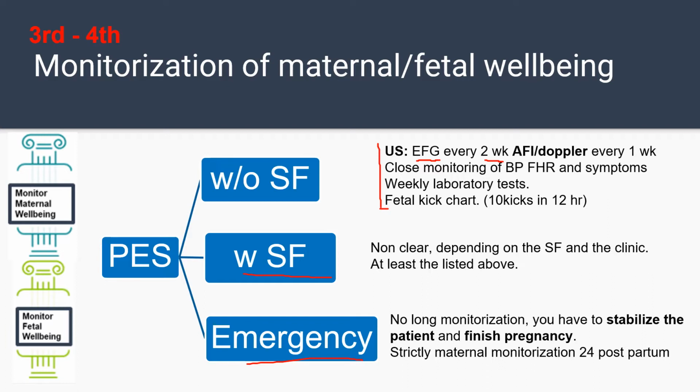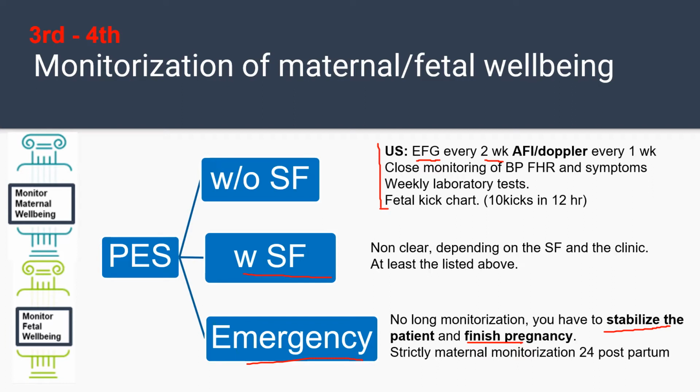And in the emergency, you don't have to monitor too much, because you know that you have to finish the pregnancy. The important thing here is that you stabilize the patient, hemodynamically and also neurologically. You stabilize the patient, wait until the seizure finishes, for example, and then you have to finish the pregnancy.